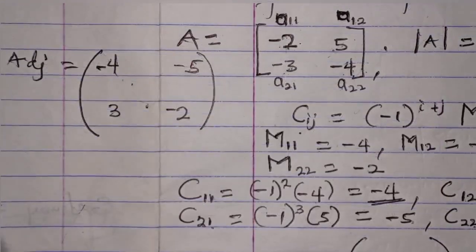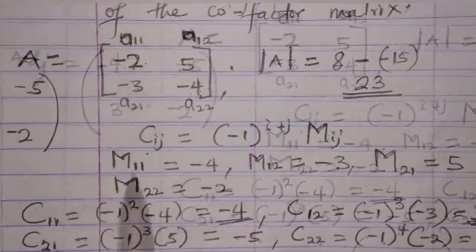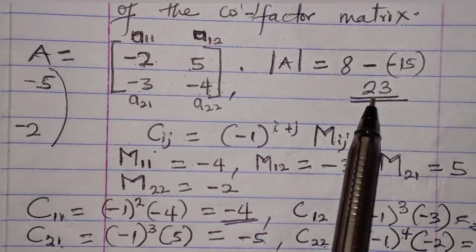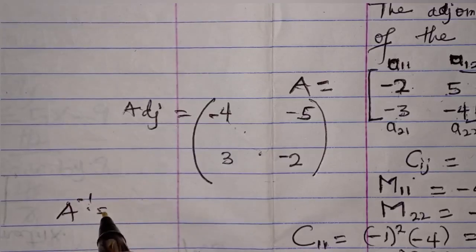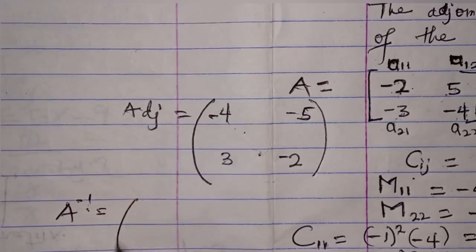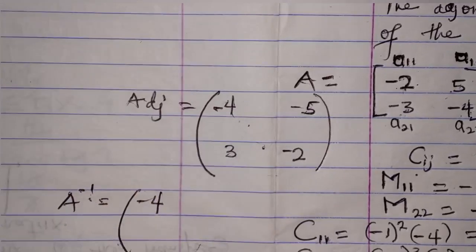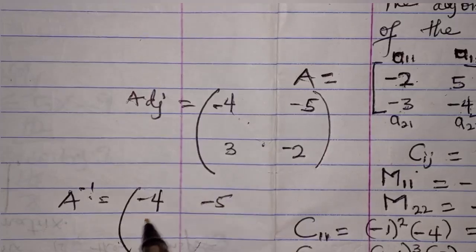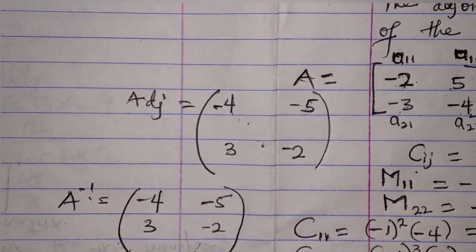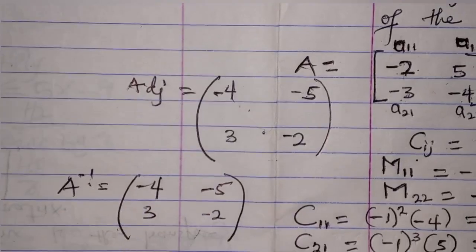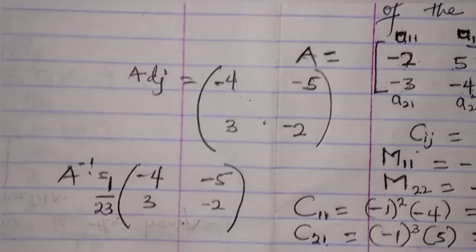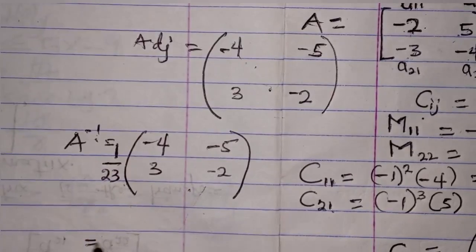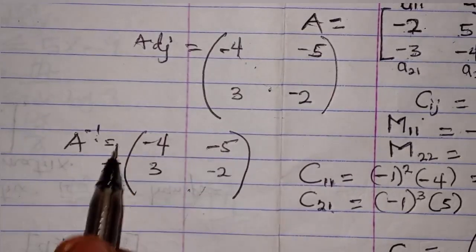So the inverse will now be divided by determinant. The determinant of the matrix is 23, right? The inverse of the matrix is the adjoint divided by the determinant. Of course, this is minus 4, minus 5, 3, minus 2, divided by 23, which I can write as 1 over 23 times the adjoint matrix. Okay, so multiply everything inside by this 1 over 23.